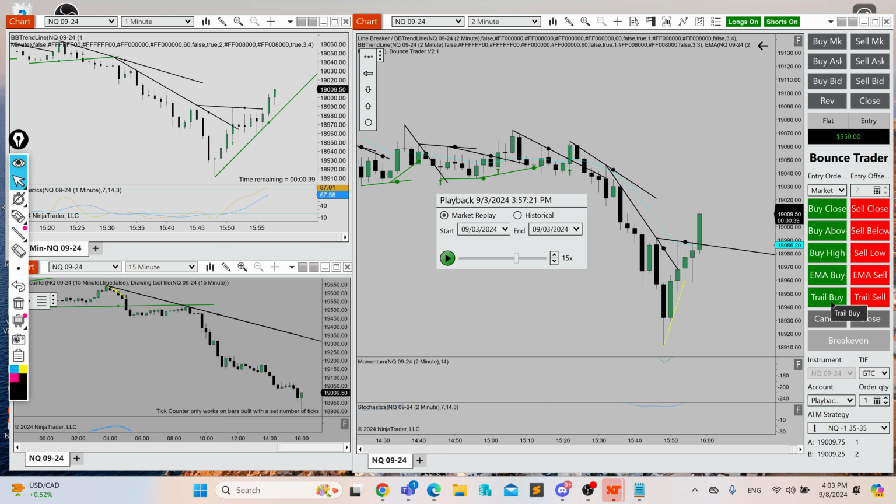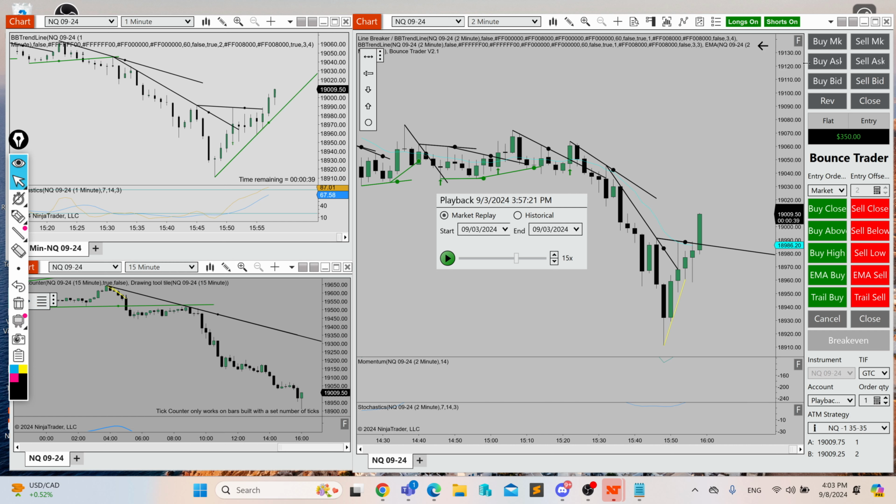But what's being used in trading bull and bear flags is these buttons, buy high and sell low, because that makes more sense.